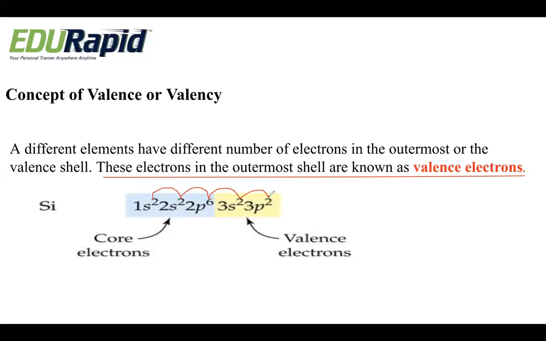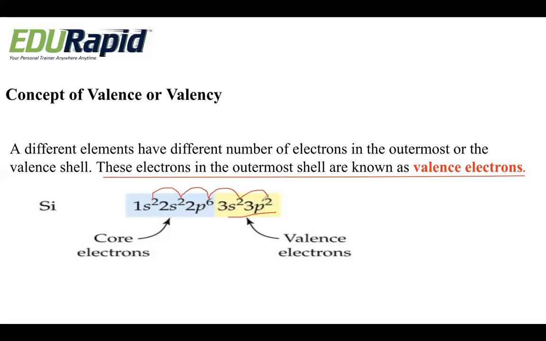The p subshell can occupy a maximum of 6 electrons, but since the atomic number of silicon is only 14, we fill only 2 electrons. So the last shell is 3s2 and 3p2. That shell has 4 electrons, so the valence electron count is 4.